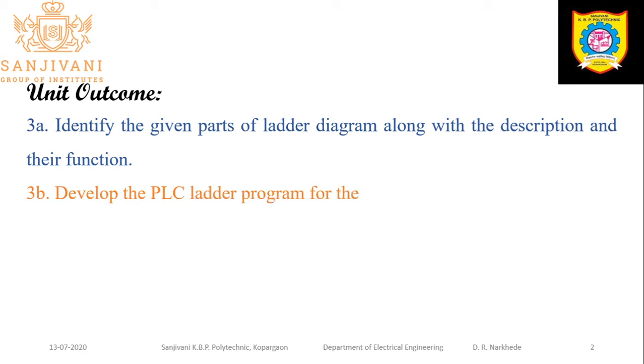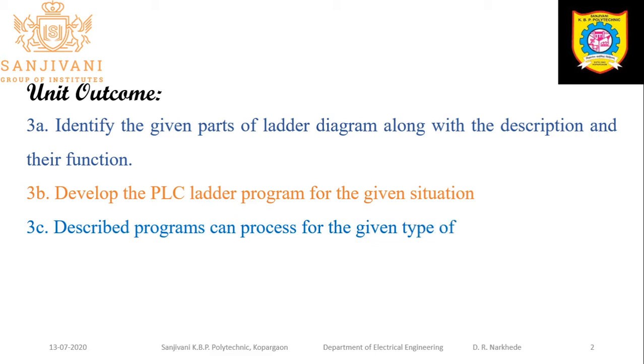Then you should be able to develop the PLC ladder program for the given situation. Some situation will be given to you and you need to develop the ladder program for it. Applications may be automation of a boiler, home automation, or automation of a complete system.